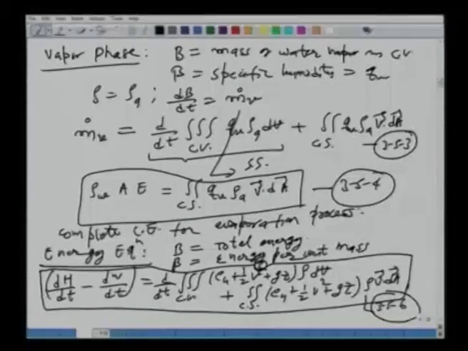So, let us move on and use our knowledge. On the left hand side, what was dH by dt? It is the rate of heat input, or the heat transfer to the system. What is the system?